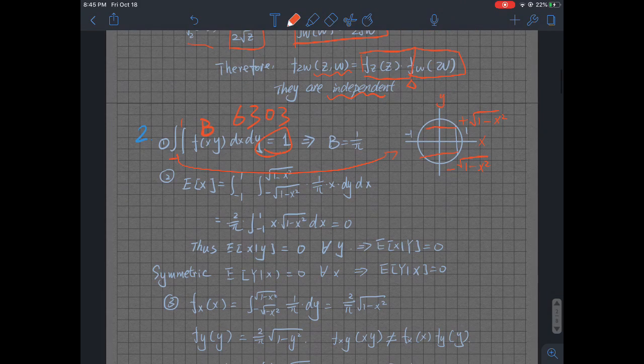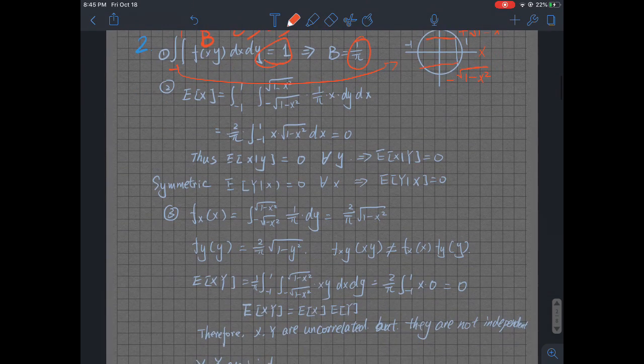Then we simply know that the integral needs to be 1, and we can calculate that this needs to be 1 over pi.